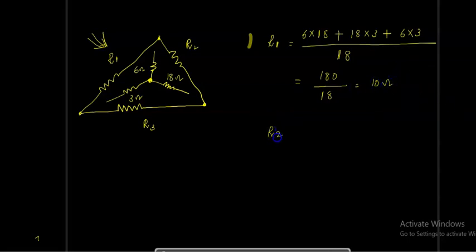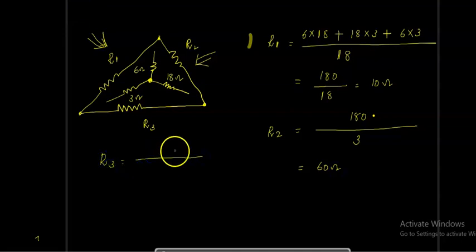Let's take R2, with the same numerator, 180, divided by the resistor opposite to R2, which is 3 ohm. So 180 divided by 3 is 60 ohm. Likewise, what would be the value of R3?